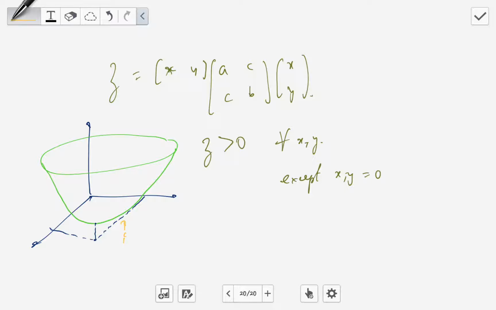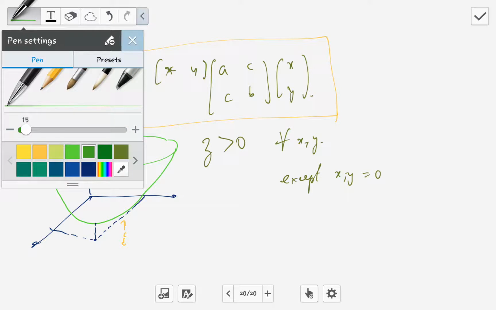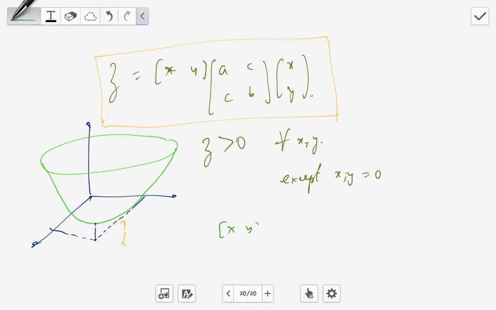Say some c. Then there will be an additional c here. Don't bother with that now. So do you get this? Yes. So what I should have is x, y, a, c, b, c, x, y should always be greater than 0 for x comma y not equal to 0. Right?